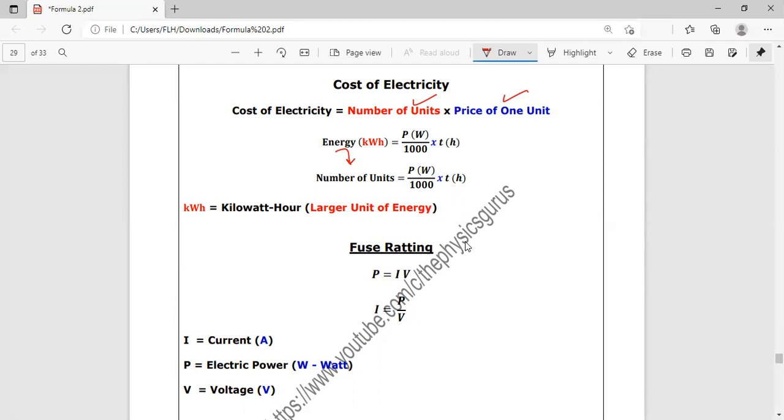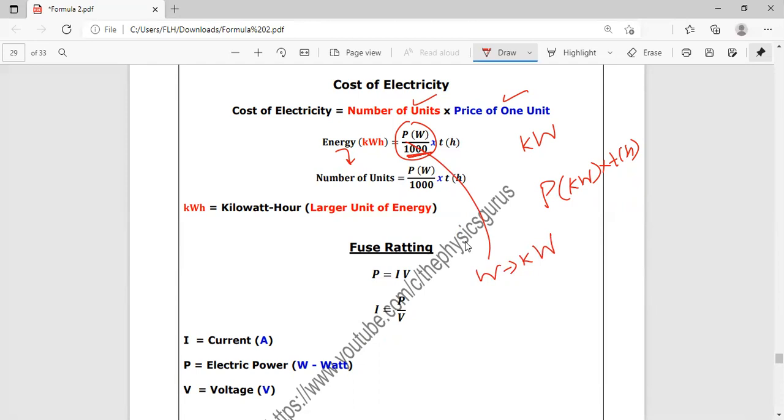But if power is given in kilowatts, then we will use power in kilowatts multiplied by time in hours. Then there is no need to divide by 1000. We divide power by 1000 in order to convert watts into kilowatts.